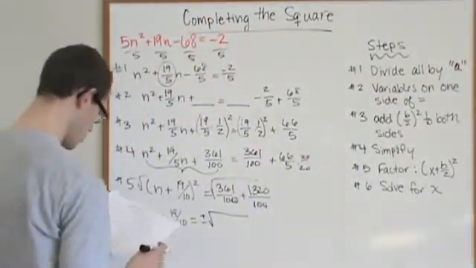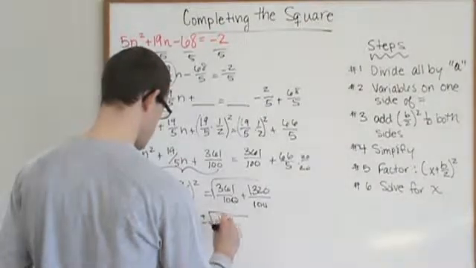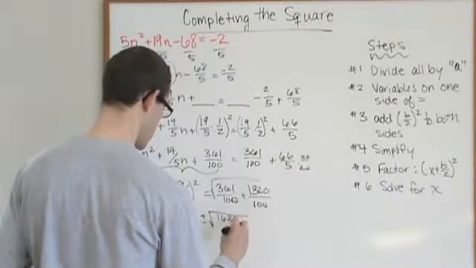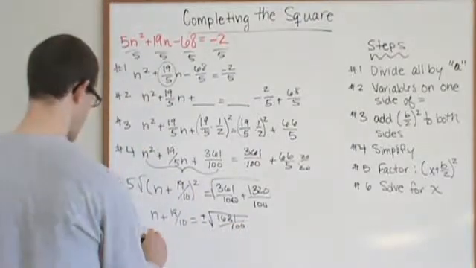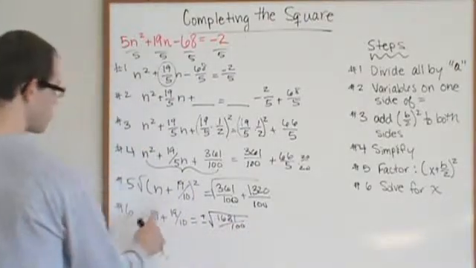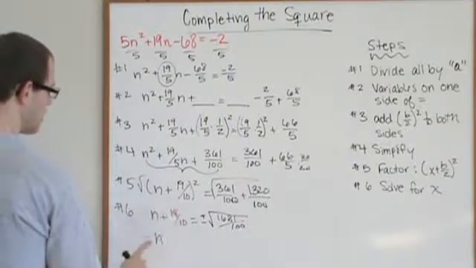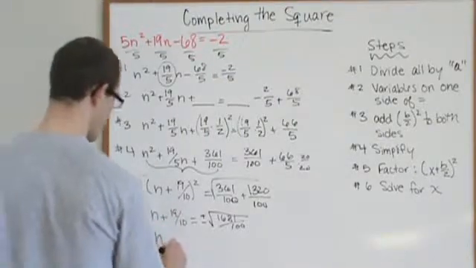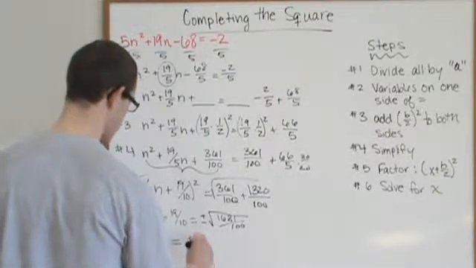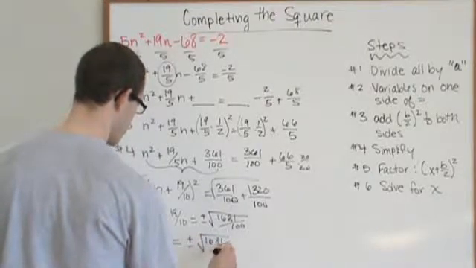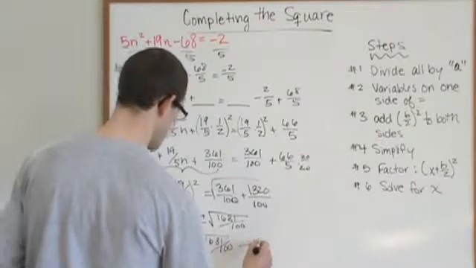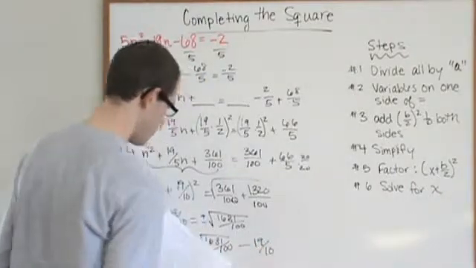What that is going to equal is 1,681 divided by 100. And then lastly, subtract 19 divided by 10 to both sides. So you have n equals plus or minus the square root of 1681 divided by 100 minus 19 over 10.